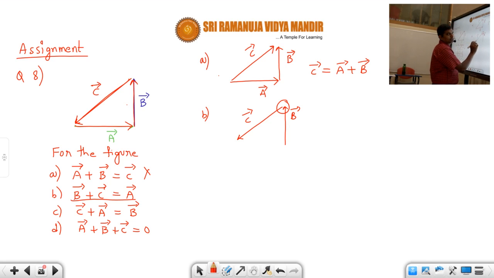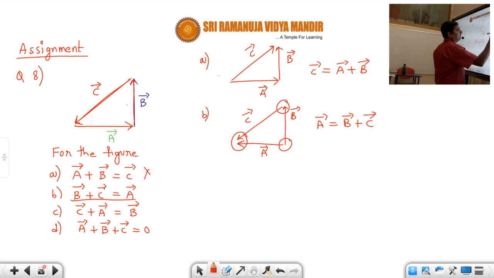After that, to find the resultant of B bar plus C bar, we should draw A bar like this. As I told, the two tails should be at one point and the two heads should be at one point. If this is the diagram, then the relation A bar equals B bar plus C bar is correct. But in the diagram, the A bar direction is given to the right side. So this relation is also not correct.